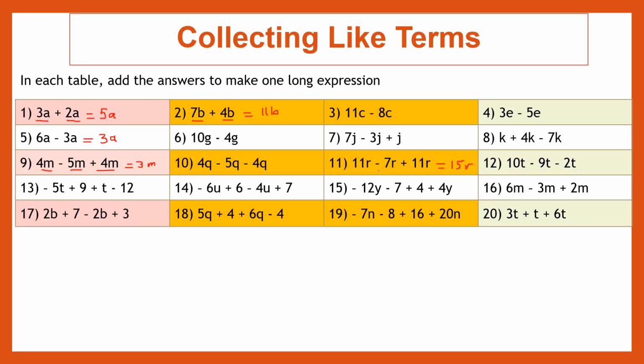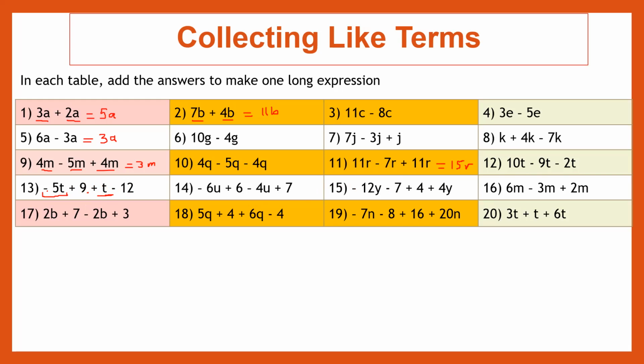Now, so far, all we had were like terms. In each expression, we had 3 different terms, and all of them were alike because they had the same variable. What about in this question here? We have negative 5t plus 9, and there is no t here, there is no variable, plus t minus 12. Let's agree that negative 5t and t both are like terms because they have the same variable.